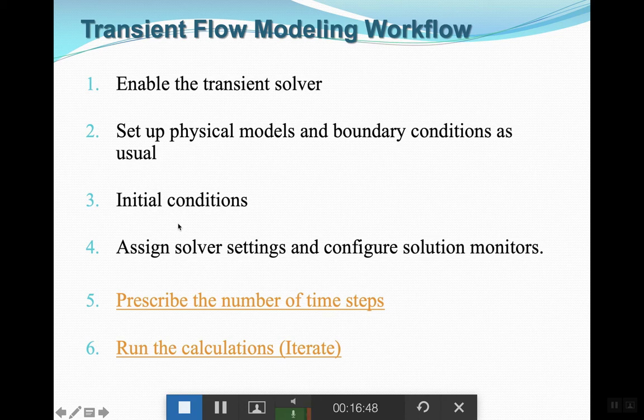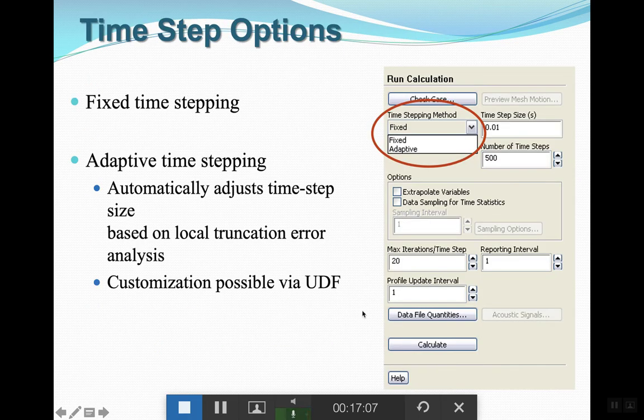Once you pass that step, you will assign solver settings and configure solution monitors, including any specific numerical solver settings. Then you would go to your initialization part.